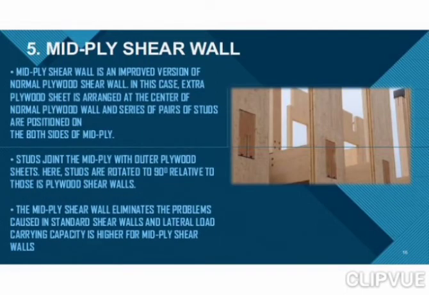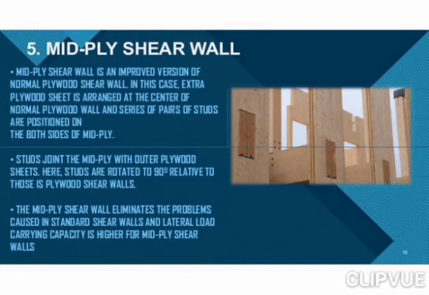MID-PLY shear wall. The MID-PLY shear wall is an improved version of the normal plywood shear wall. In this case, an extra plywood sheet is arranged at the center of the normal plywood wall, and a series of pairs of studs are positioned on both sides of the MID-PLY.